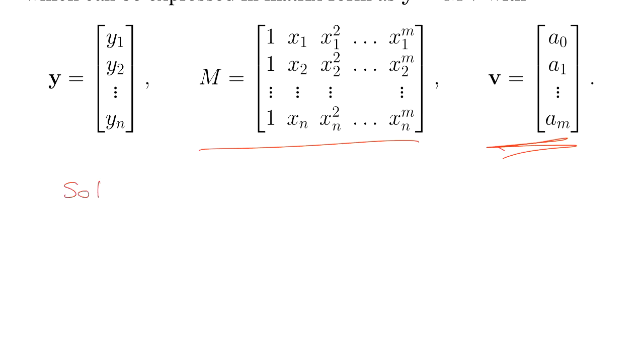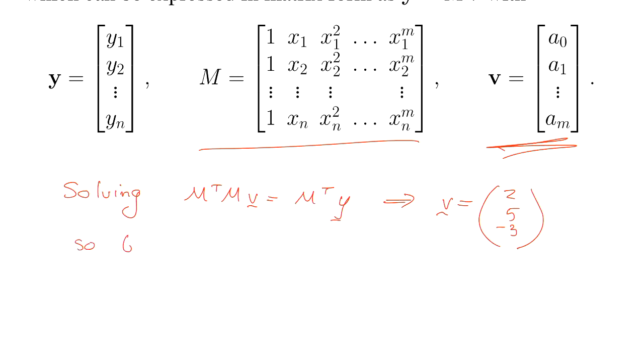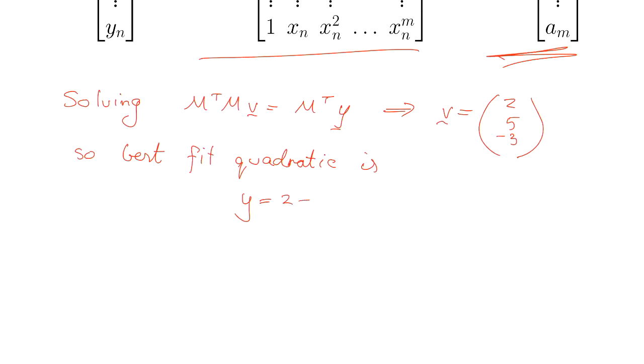Solving m transpose m v equals m transpose y gives us v equals 2, 5, minus 3. So the best fit quadratic is y equals 2 plus 5x minus 3x squared.